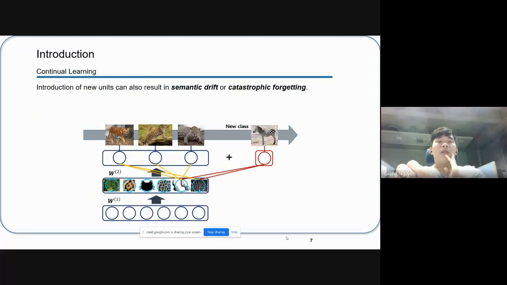When we introduce new classes, it will cause catastrophic forgetting or semantic drift. Here you see, firstly we train on tiger or leopard, and then we train on zebra. So the channels of the deep neural network are trained to detect the zebra features, and you forget how to classify a leopard or a tiger.